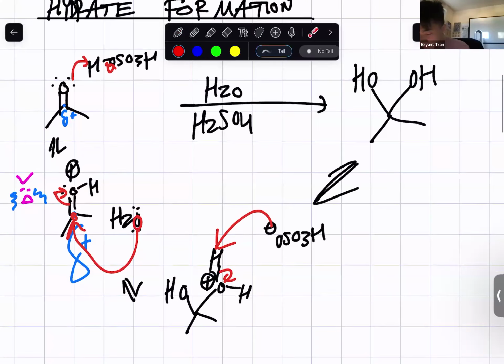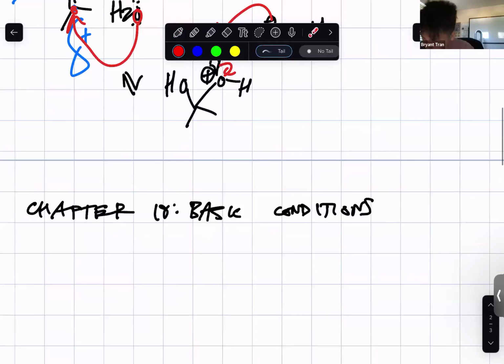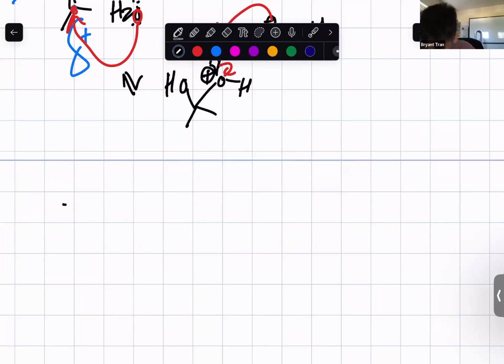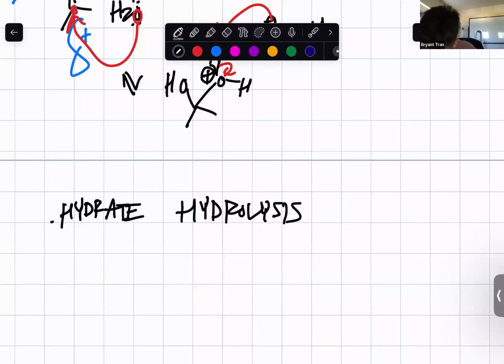That's good. So now the hydrate hydrolysis is the reverse mechanism of this, right? When you see the word hydrolysis, I want you to think of water. And specifically, the water in this reaction here will be the carbonyl.